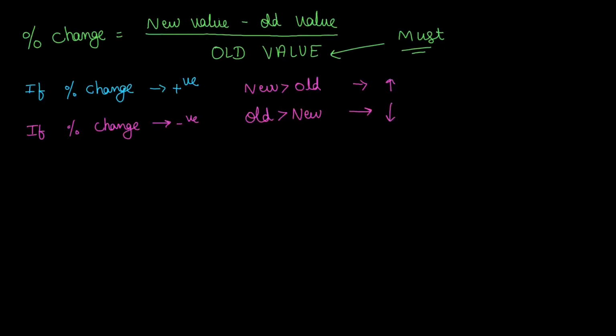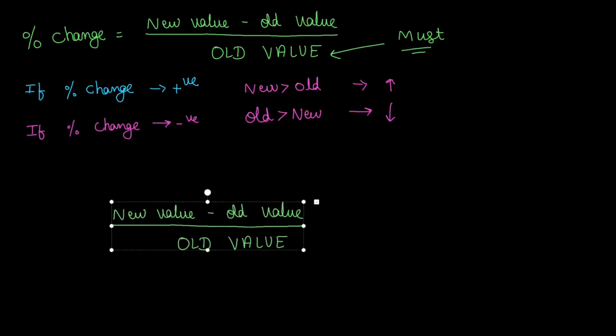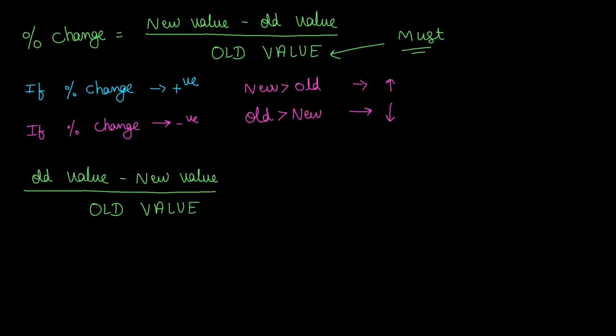We can also write this formula as old value minus new value. Nothing will change, but we should always know which is greater if it is positive and which is greater if it is negative.